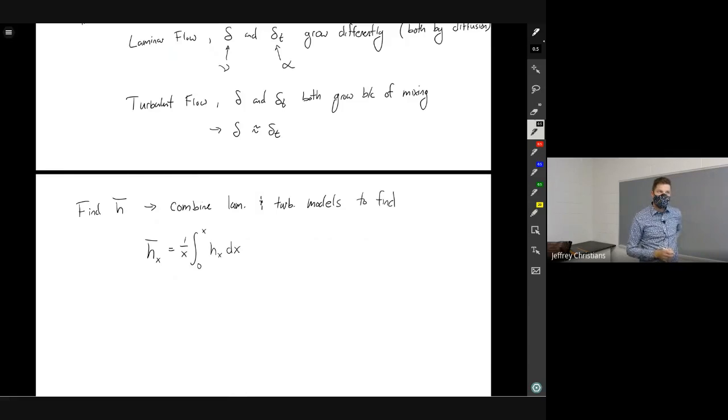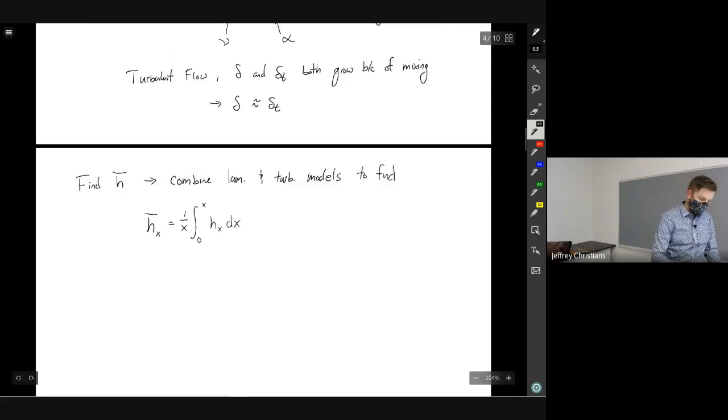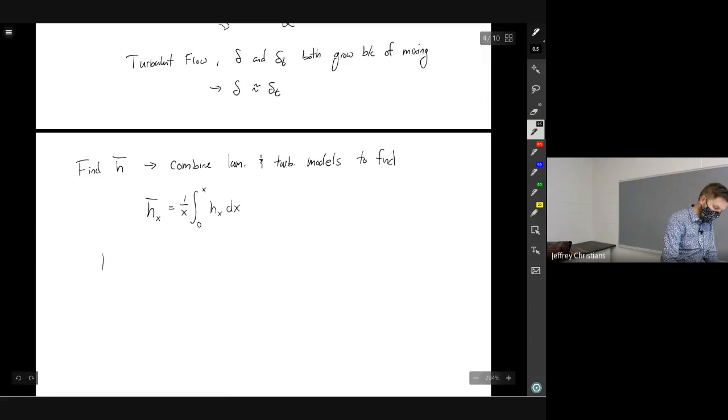This is how we found average h before. So for this model, we're going to split that up into the integral from 0 over the laminar portion, plus the integral from where it turns turbulent to L.